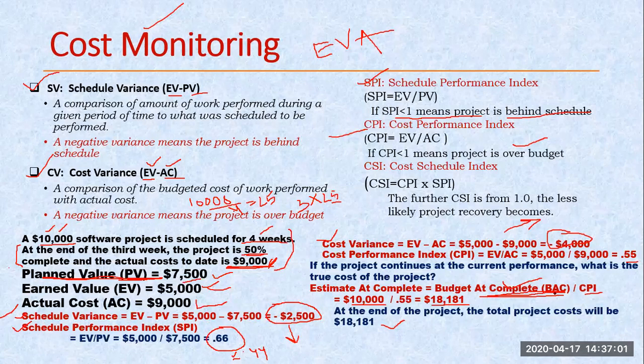So what is my BAC? BAC is the budget that we had initially planned, that is my 10,000. And what is my CPI? CPI is 0.55. So if I calculate this, it becomes this much. Initially we were saying that we could make the project for 10,000, but right now instead of 10,000, it needs 18,000. So that is the meaning of this particular one.